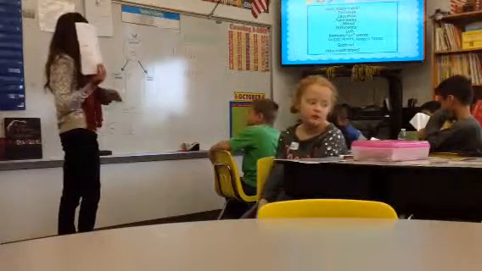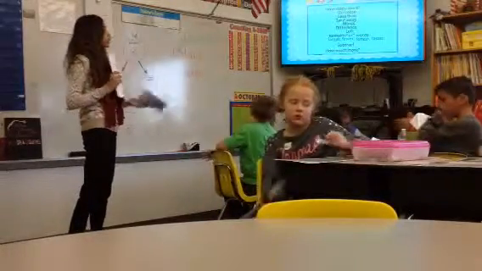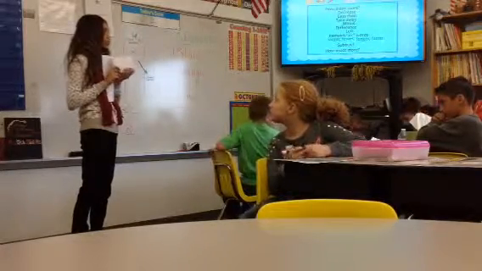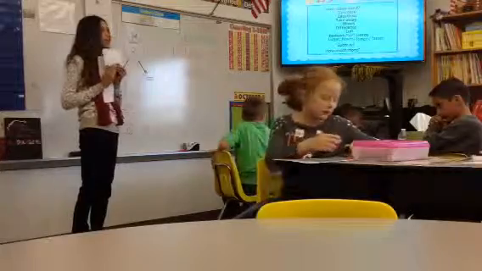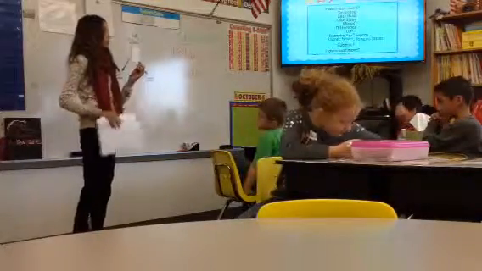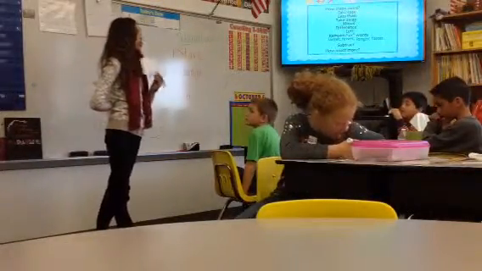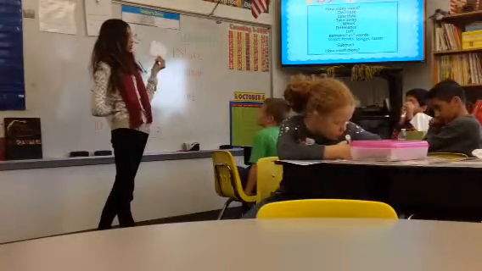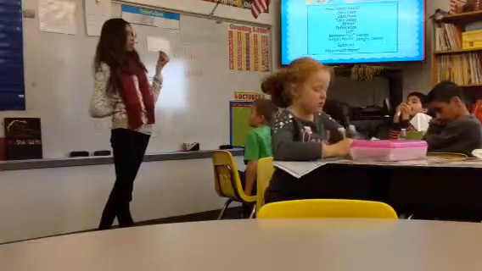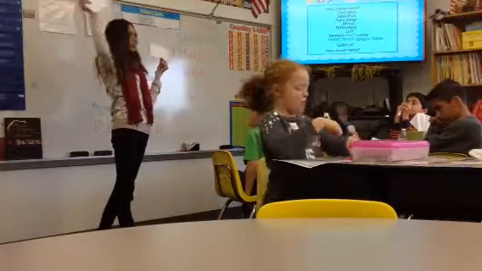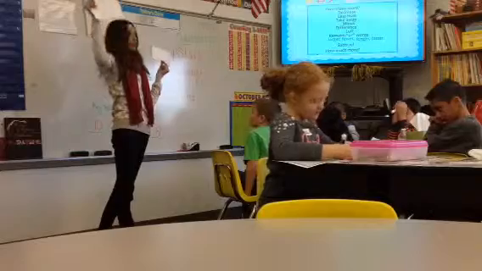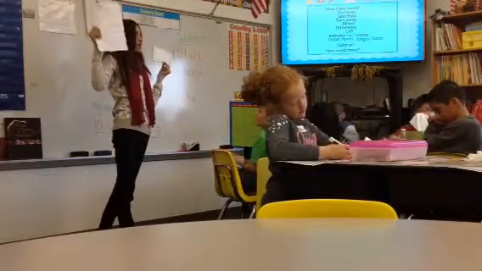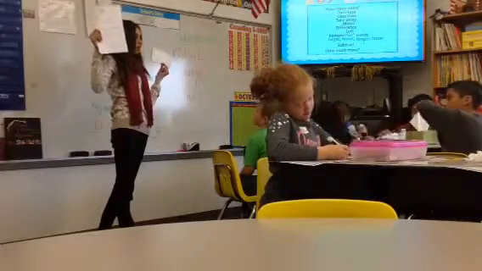Behind your hundreds chart. So what you're going to do in your groups is you're going to read your word problem, and you guys are going to talk and discuss about whether this is a subtraction problem or an addition problem, okay? And then using your hundreds chart, you are going to solve the problem. And also, each of you are going to fill out your worksheets as a group, okay? As a group, you fill it out, but each person needs to fill it out, okay?